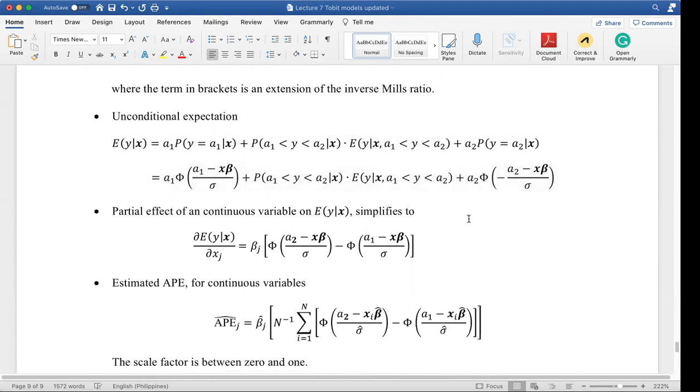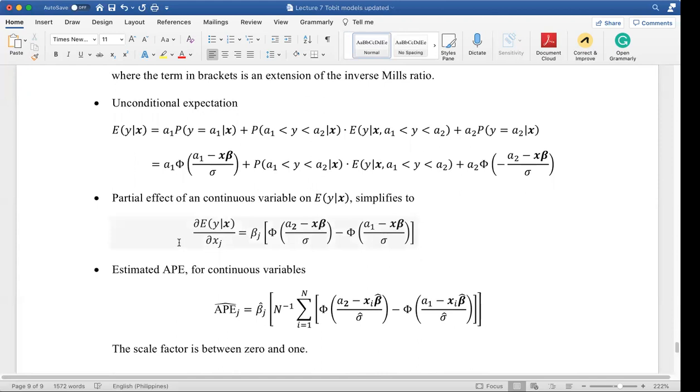So for the partial effect of a continuous variable on the expected value of y given x, you get this expression. Then to get the partial effect at the average, you just substitute x bar for x here.